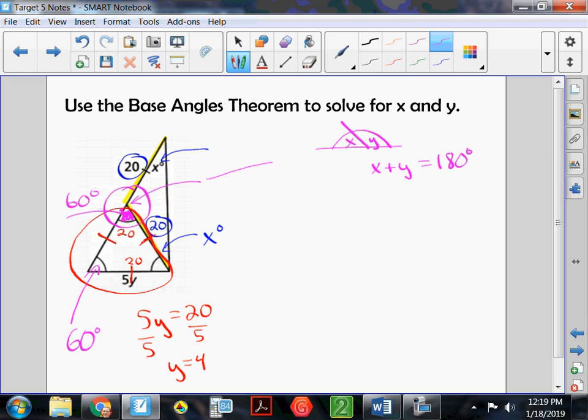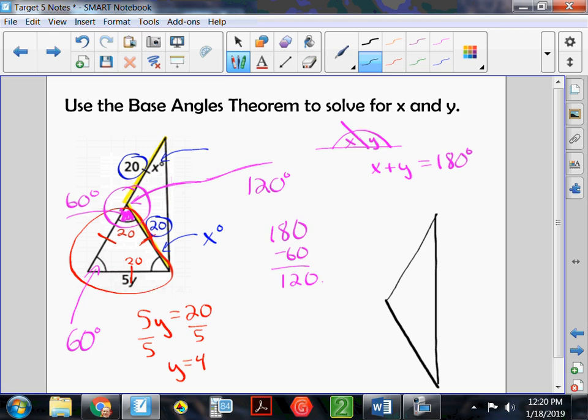So it means that this part of my linear pair has to be 120 degrees because 180 minus 60 gives you 120. So now I have a triangle, kind of messy diagram, a skinny isosceles triangle with a vertex angle of 120 degrees and two base angles both equal to x because they're congruent.